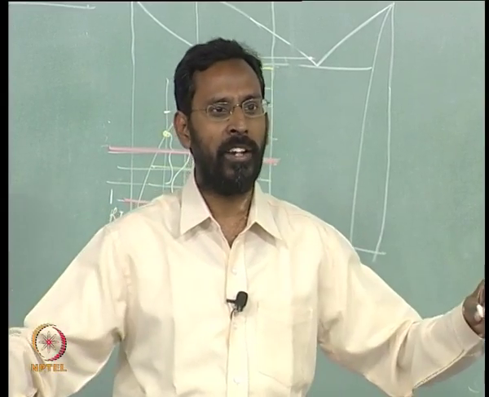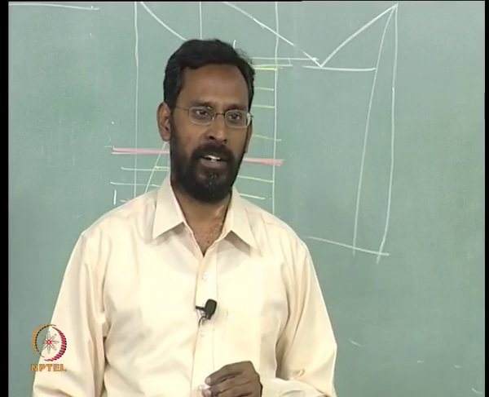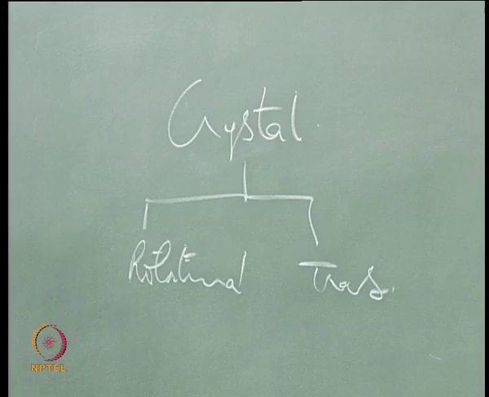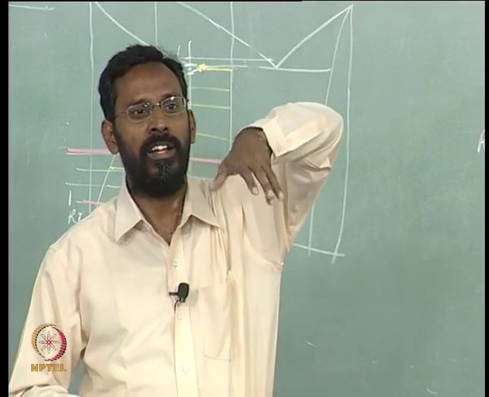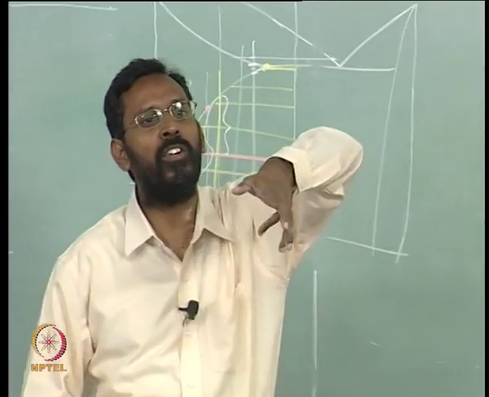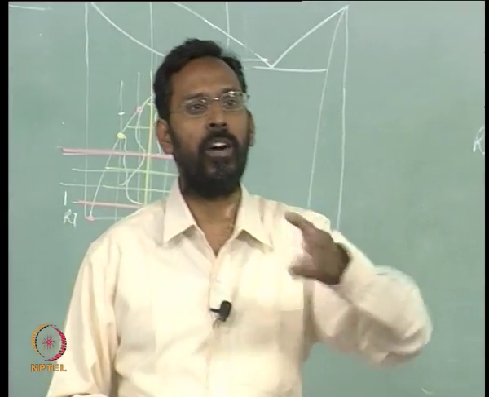The moment you find it, you say yes, there is translation symmetry. That is what we call periodicity. And what is rotational symmetry? That means around a particular atom, if I rotate the unit cell by a particular angle, that unit cell would merge into itself.